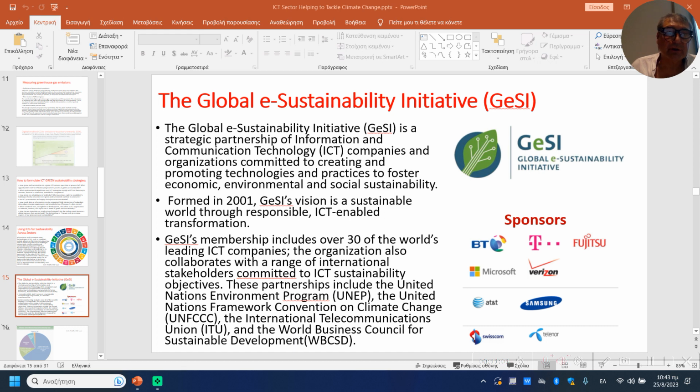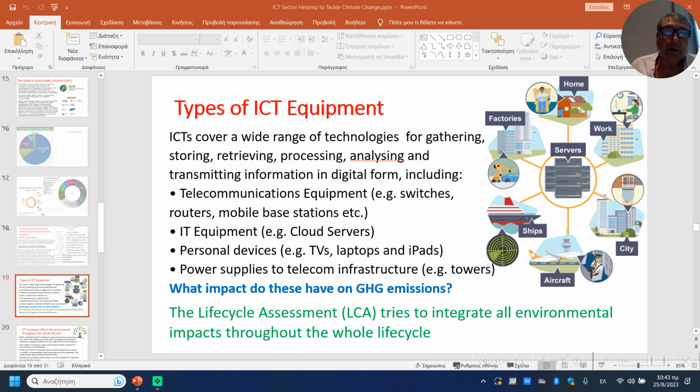Here we must mention the Global e-Sustainability Initiative, GeSI. GeSI is an initiative of European countries for global e-sustainability. It's very important.